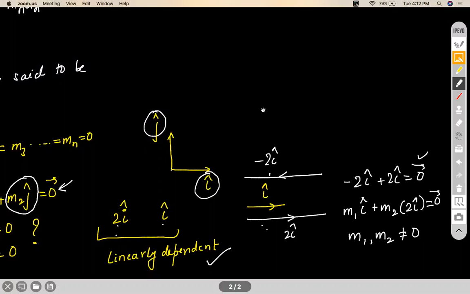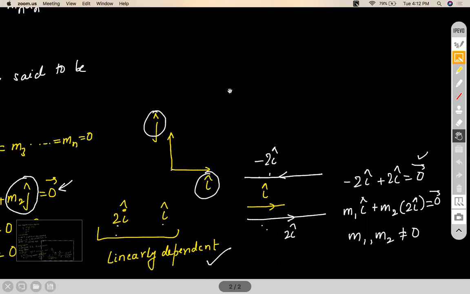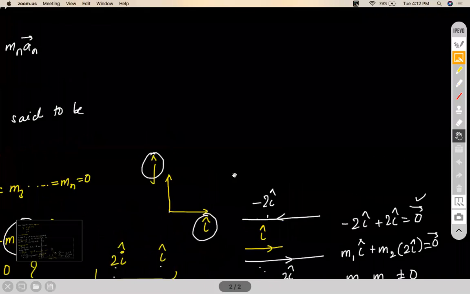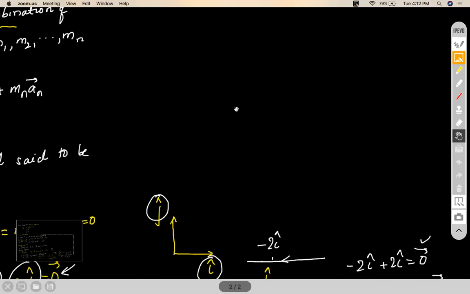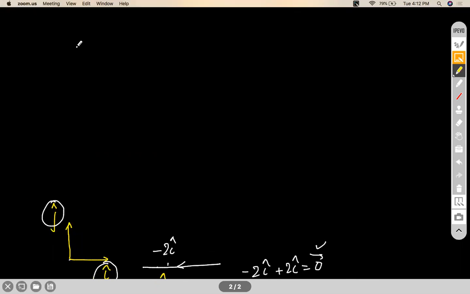So officially, let me give you the definition. Linearly dependent vectors are basically, let me write it down over here. Linearly dependent.